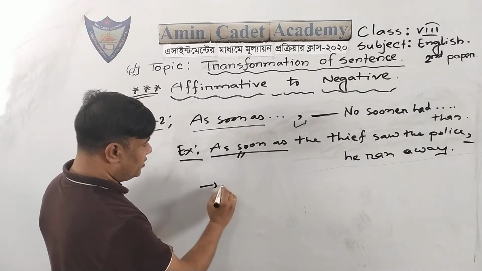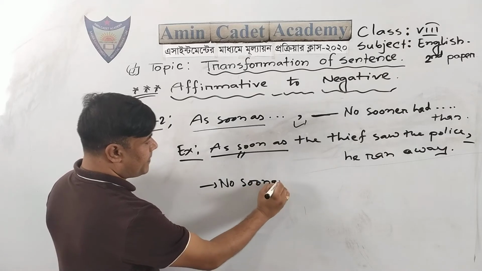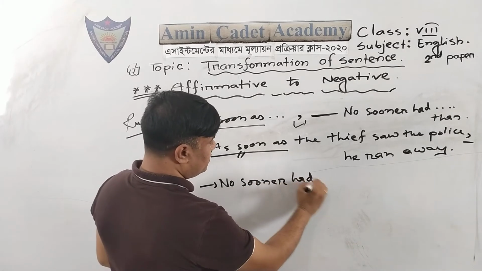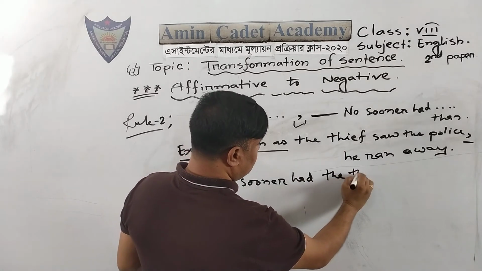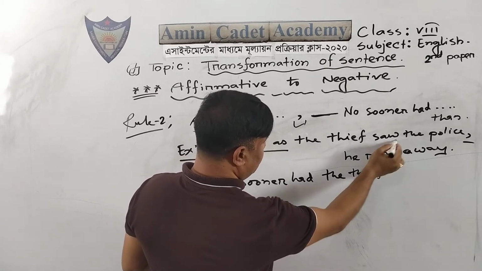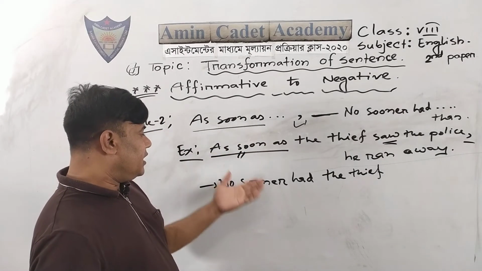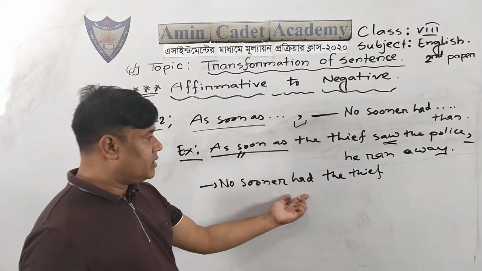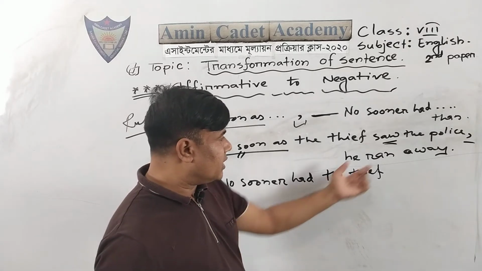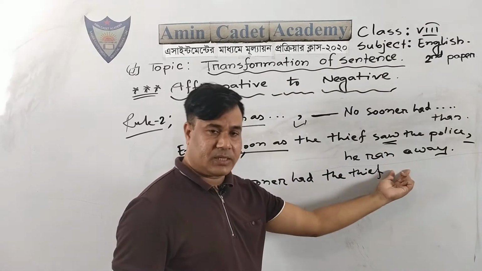So here you will write no sooner had, then the thief. Here is verb 2. In case of no sooner had, you should use the third form of the verb after the subject.